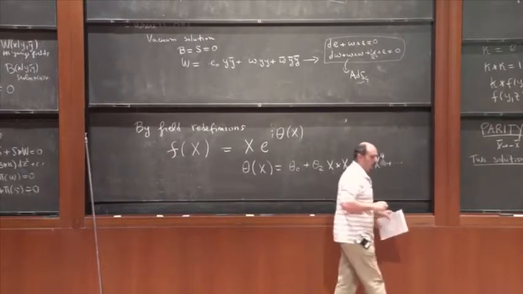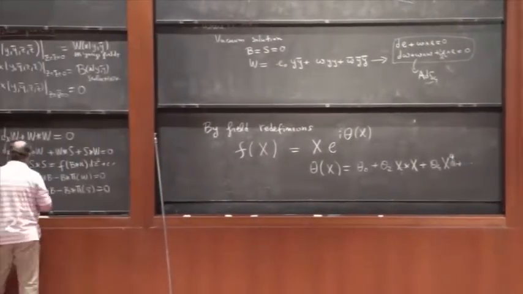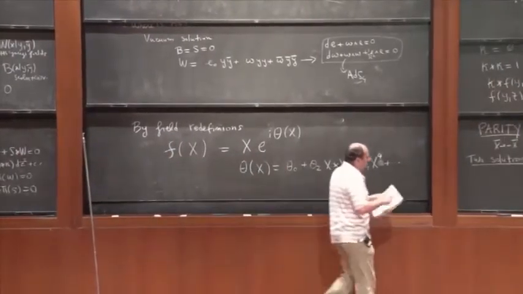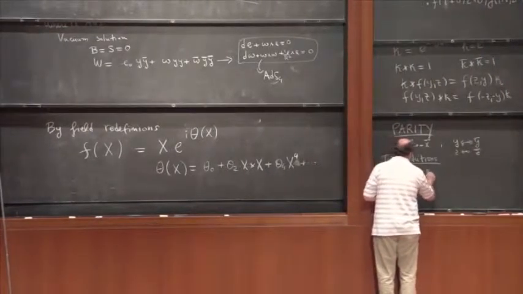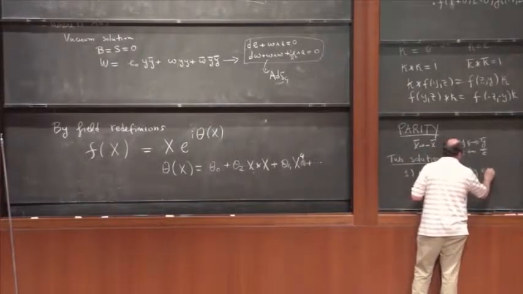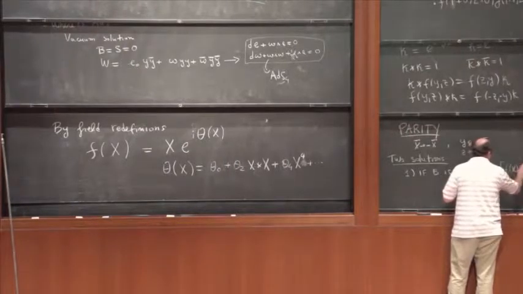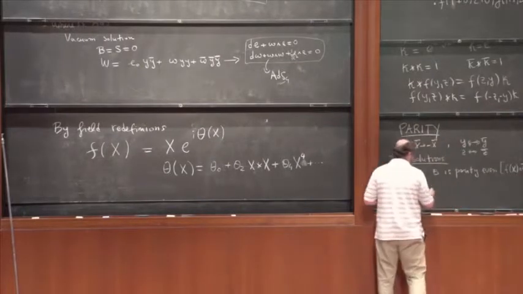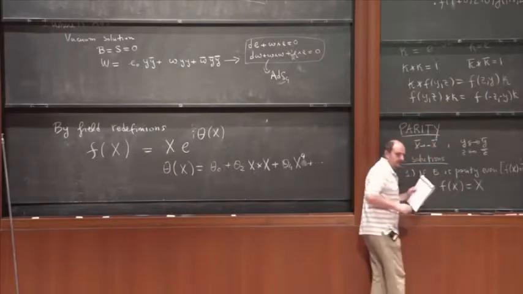The two solutions depend on whether you postulate that this B, this scalar field, is even or odd under parity. We have two choices. We can take it to be even or odd. So the first solution, if B is parity even, then the condition is that f of x is equal to f bar of x, and that leaves you with the only possibility f of x is equal to x.